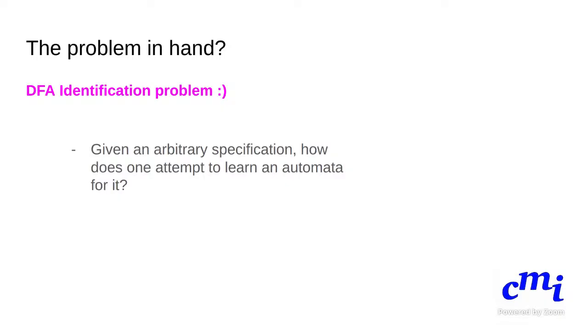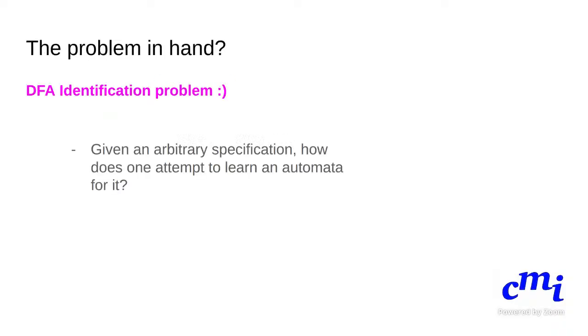In the first few classes itself, once you know the definition of what a deterministic finite automaton, or DFA, is, what we are asked to do is, given an arbitrary specification, how does one attempt to find an automaton that describes the specification? We'll just look at one example.